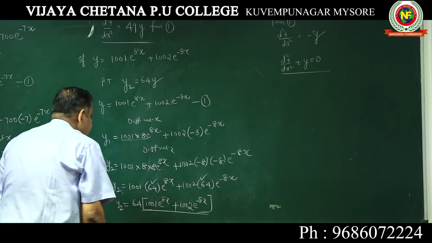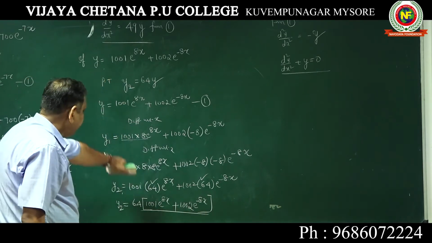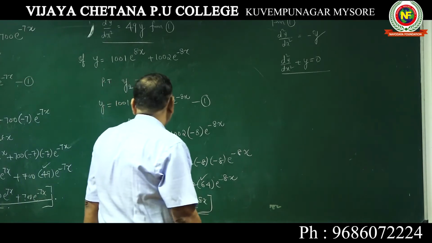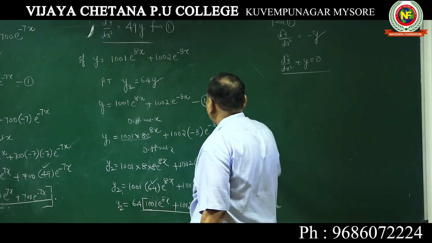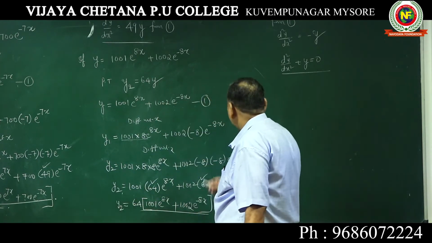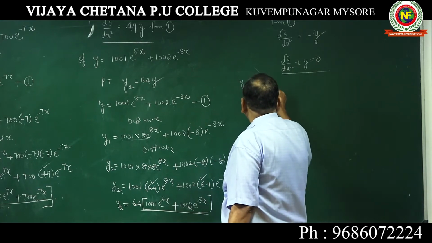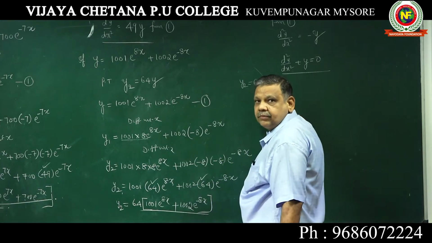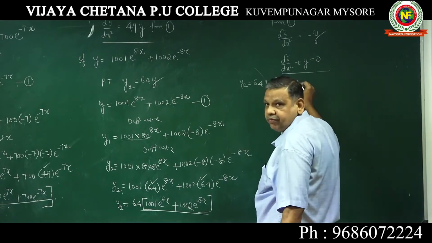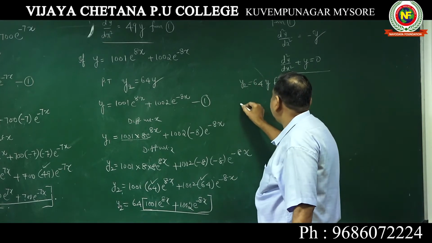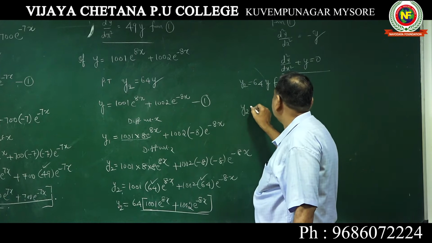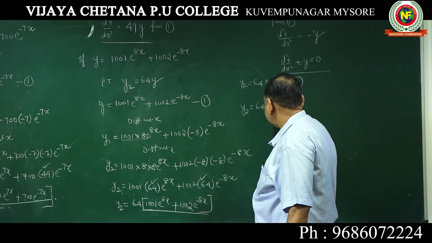This is nothing but y, equation 1. So y2 is equal to 64y is the answer.